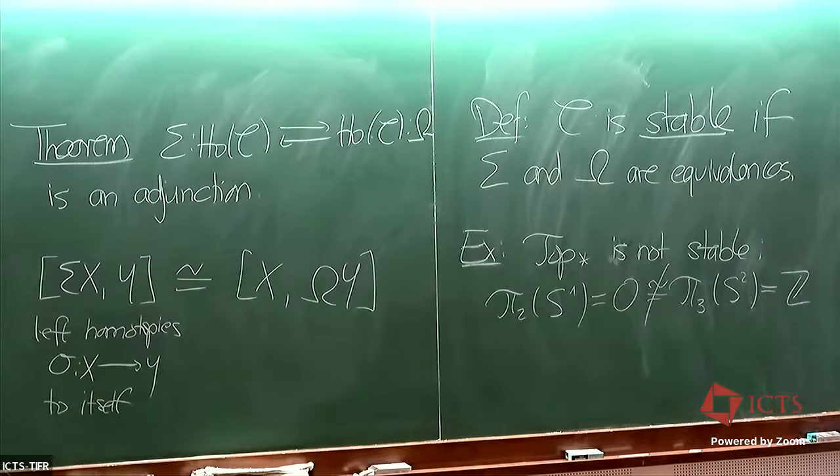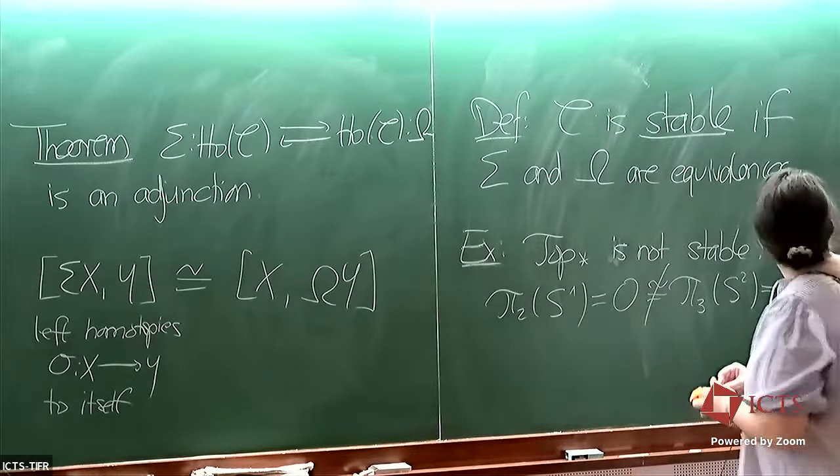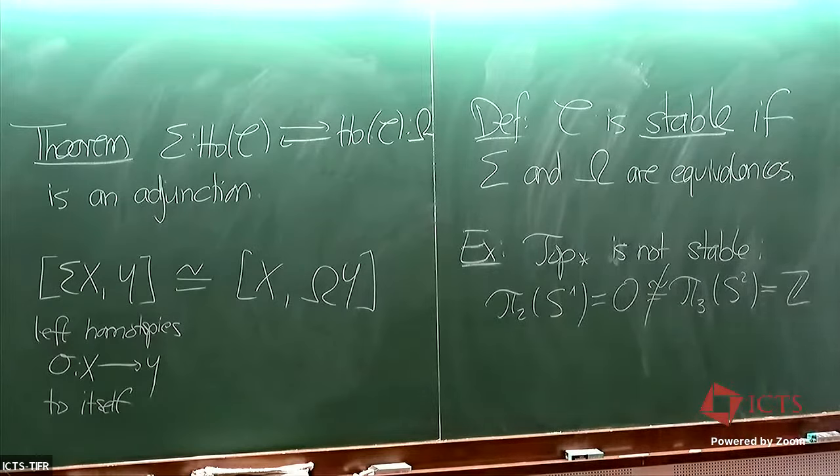But if you go to here, so now I look at the unbounded ones. Chain complexes is stable. And now I should have written that down. I did actually write that down. Oh, actually, chain complex is not a derived category.